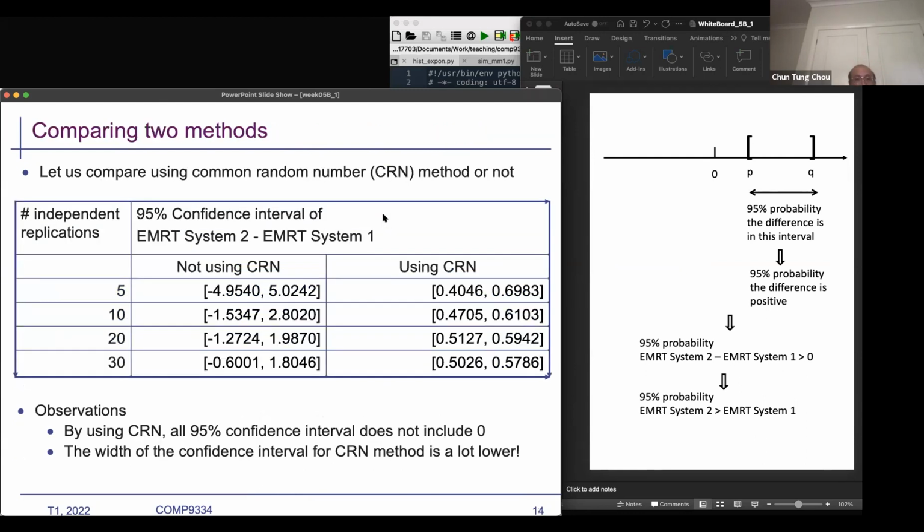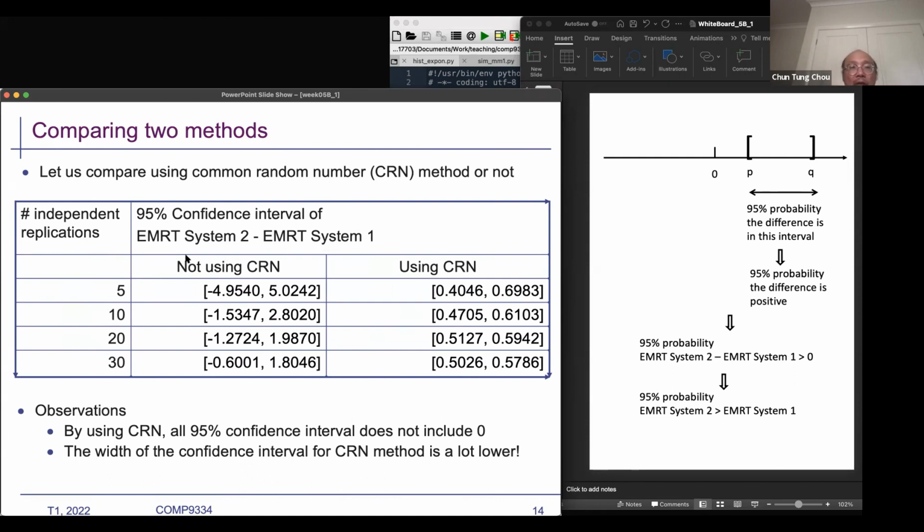Now, let's look at this common random numbers method a bit more. What if we increase the number of replications? Will that help us? Will we get the same answers? No. In this table are the results for using different numbers of independent replications. In these two columns is the 95% confidence interval of the estimated mean response time of system 2 minus that of system 1. There are two different methods.